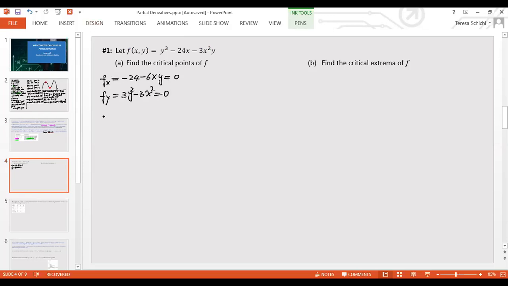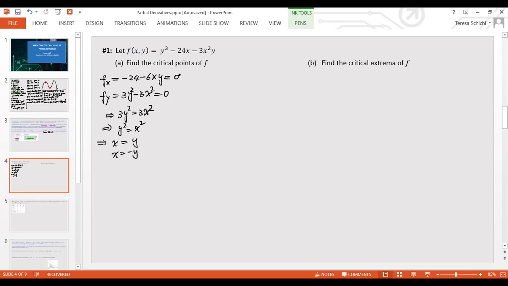Now I solve the system of equations. From here, 3y squared equals 3x squared, so y squared equals x squared, so x equals y or x equals negative y, right?